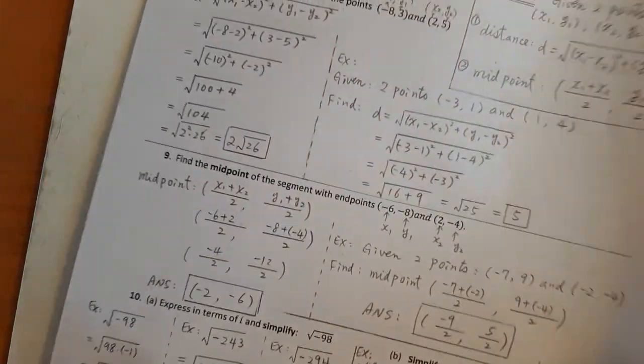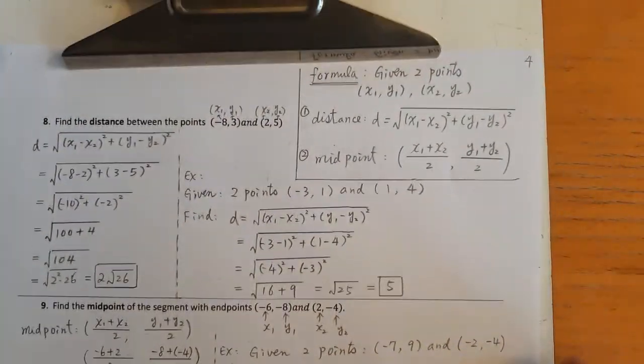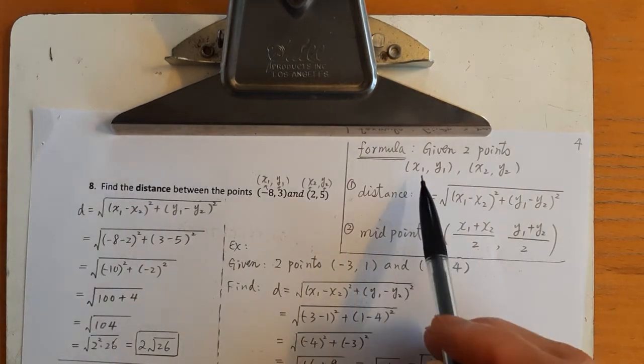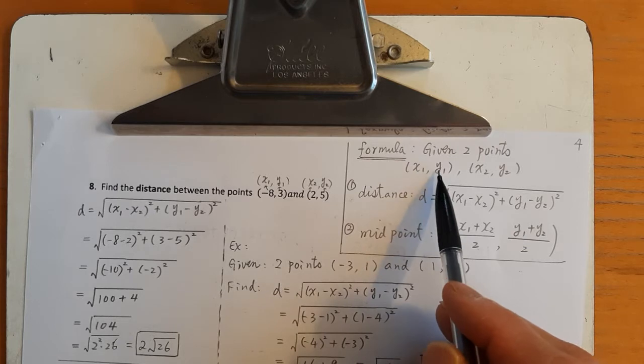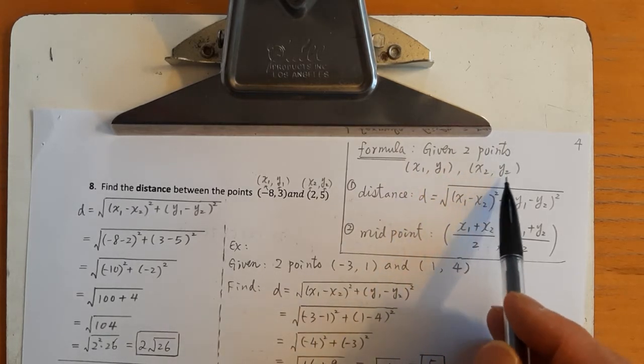Question 7. It's about the distance formula. If given 2 points, like the first point with first coordinate x1, second coordinate y1, and the second point x2, comma y2.